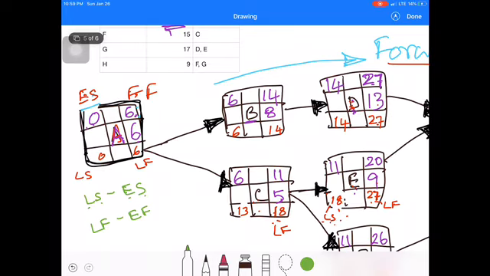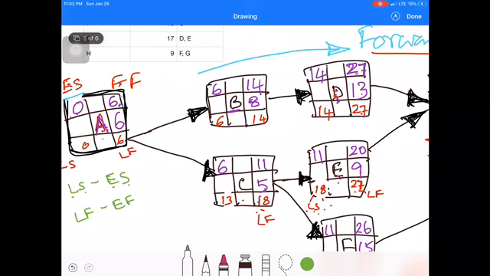So we can get the flexibility, that is the available possibility of delay. For activity A, this value will be LS minus ES, which is 0.